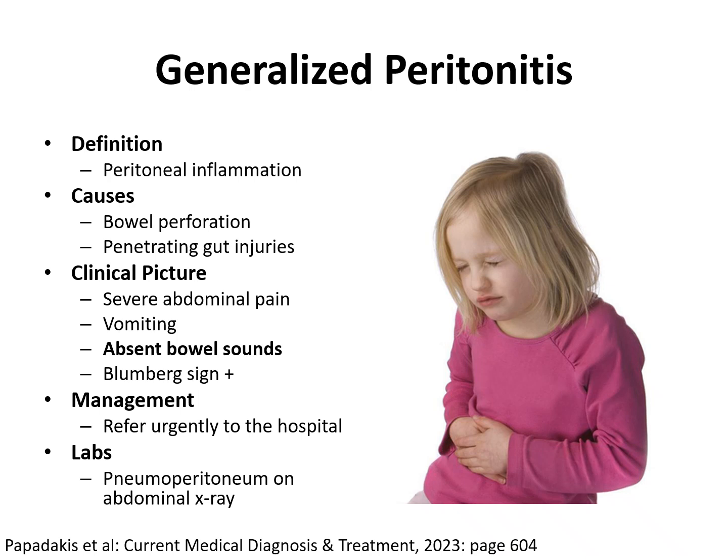Bowel perforation, so some pathology from the inside has caused the bowel to rupture from the inside, or you have penetrating gut injuries, knife wounds, bullet wounds, steel bars at an industrial site, penetrating the abdominal wall, perforating the bowel from the outside. Regardless of whether this is intrinsic, internal bowel being disrupted, or extrinsic, some force from the outside going on to the inside, the clinical presentation will be the same.